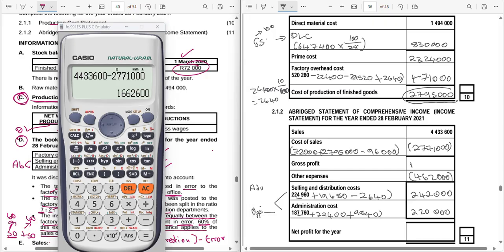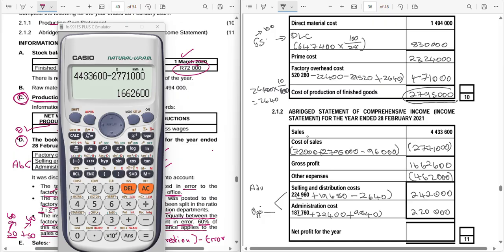This is our gross profit. So you should know they can even ask you to prepare gross profit. When they want gross profit, just know this is an abridged income statement.